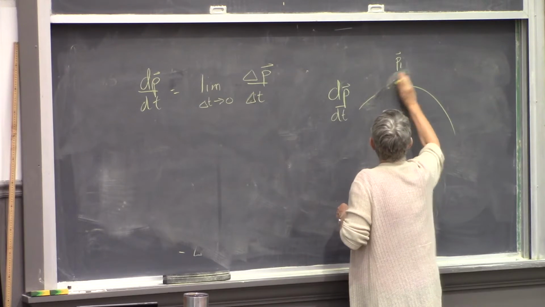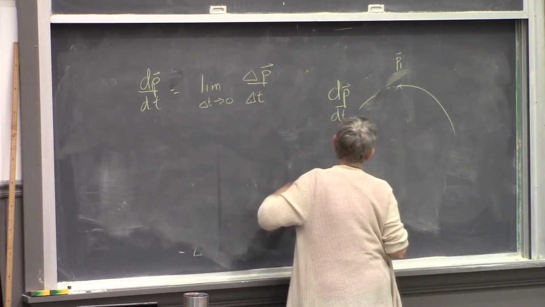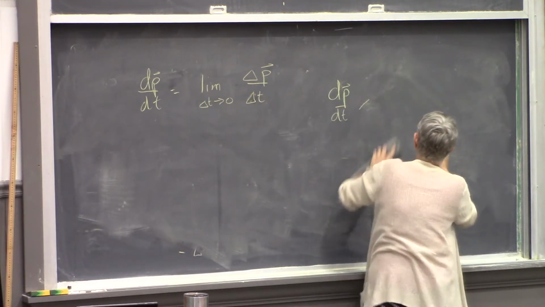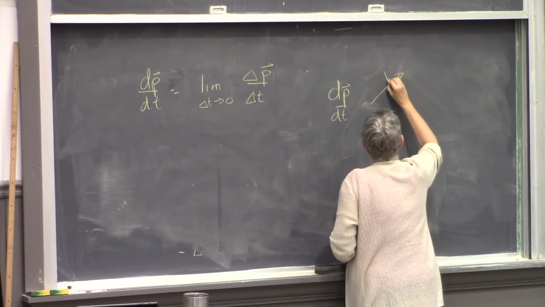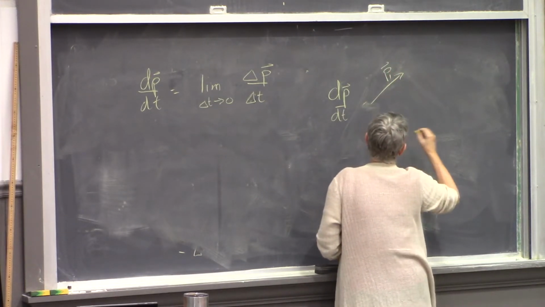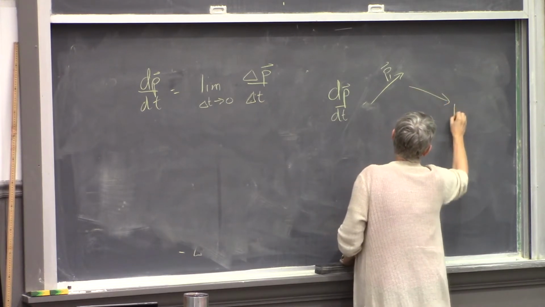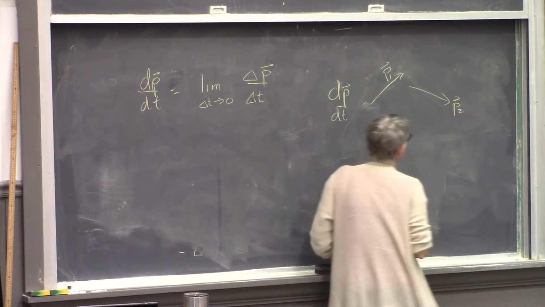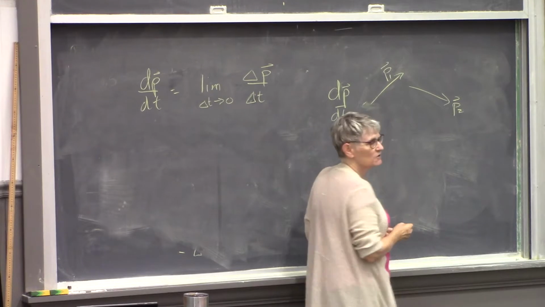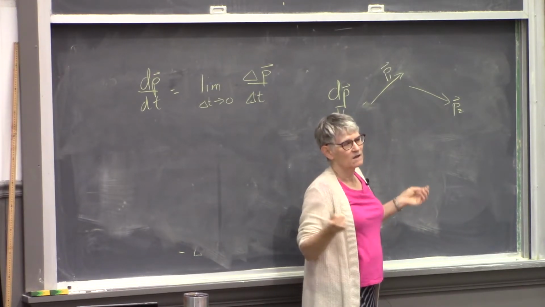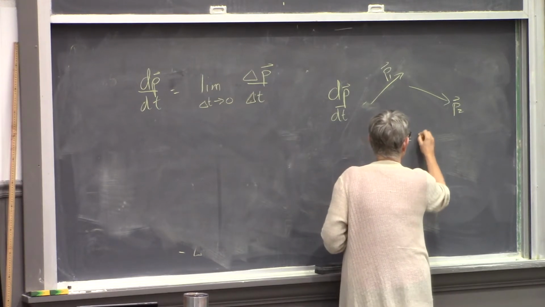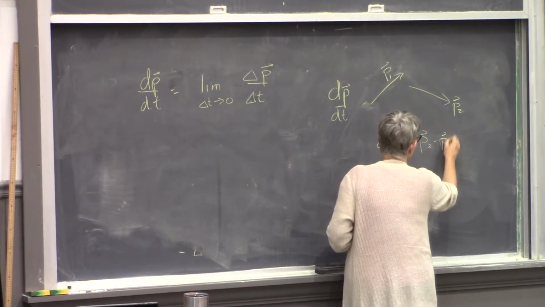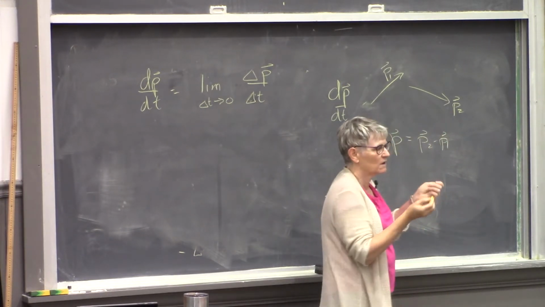Okay, so I have to follow my own advice and draw a tangent. So here's some momentum P1 a short time before. Here's some momentum P2 a short time after the time you're interested in. Delta P is just P2 minus P1, and then we think about making that time interval really short.